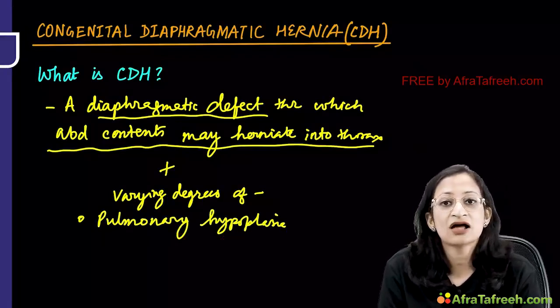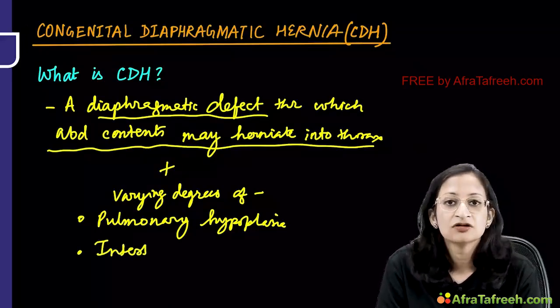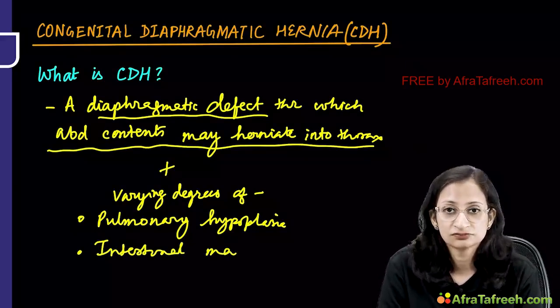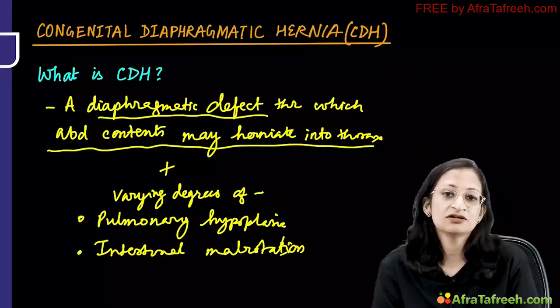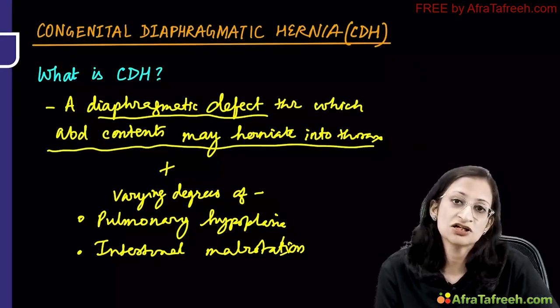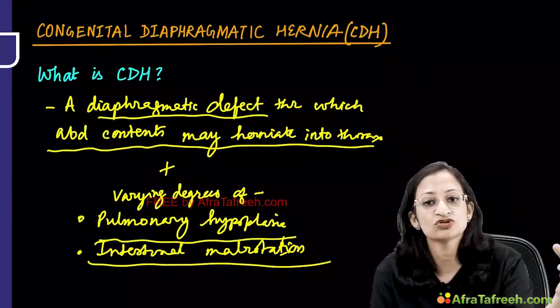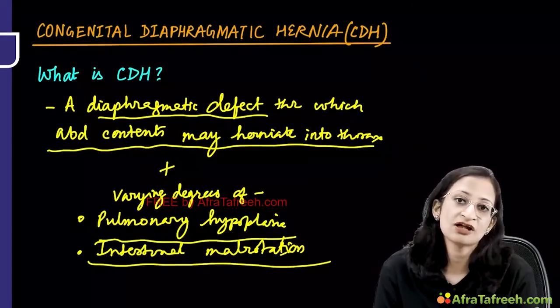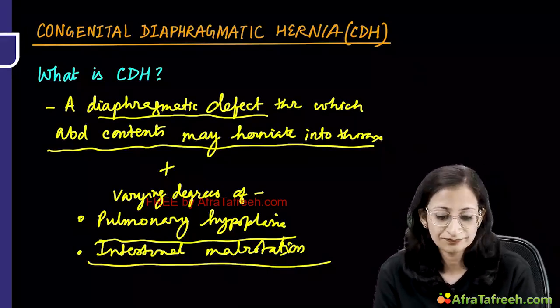So that is the definition of CDH or congenital diaphragmatic hernia: a diaphragmatic defect through which abdominal contents may herniate into the thorax, and varying degrees of pulmonary hypoplasia and intestinal malrotation or obstruction is present.